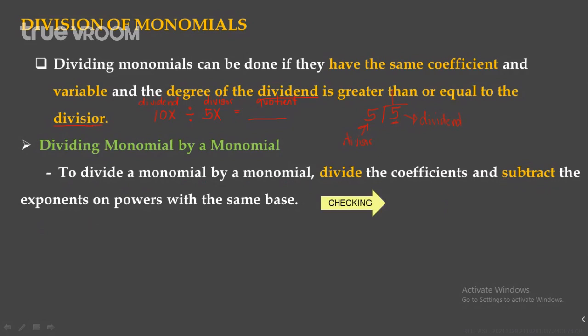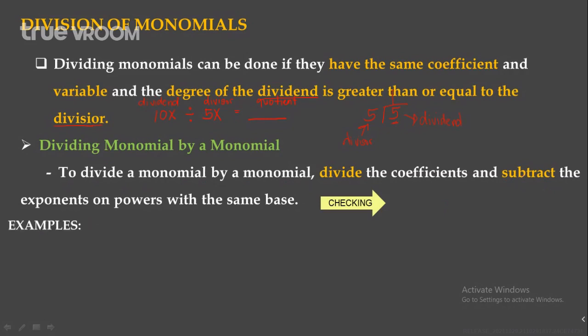But here in dividing, you are subtracting. If you can recall our discussion about exponents last time, we discussed the rules. So if you are going to divide two exponential numbers, you subtract the exponents.